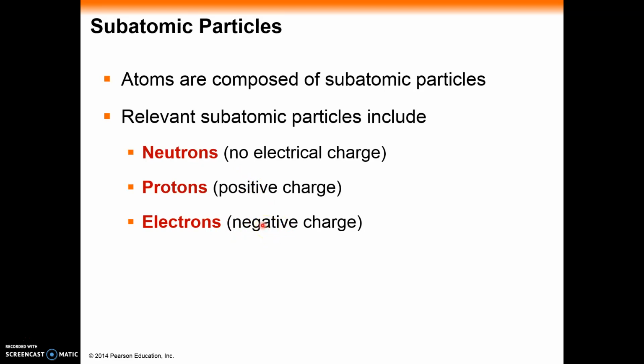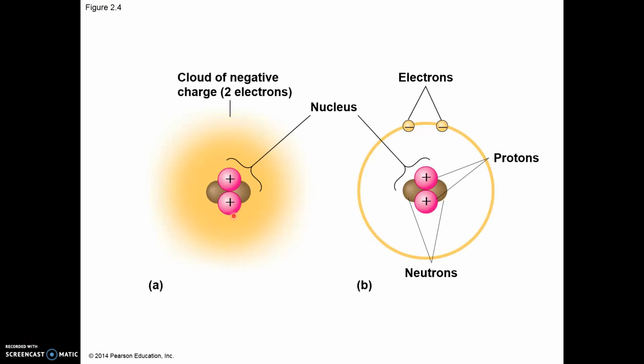All right, so let's put these atomic particles into a structure. Here are a couple different ways of representing it, and they have a lot of similarities. First of all, we have the neutrons and the protons clustered together here in the center, and that center is called the nucleus.